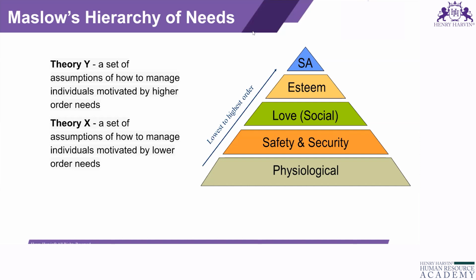So we will see the video also. So there is this theory, a set of assumptions of how to manage individuals motivated by higher order needs. So every individual in an organization will be at one of 5 levels. Different individuals will be at different steps of this needs hierarchy.